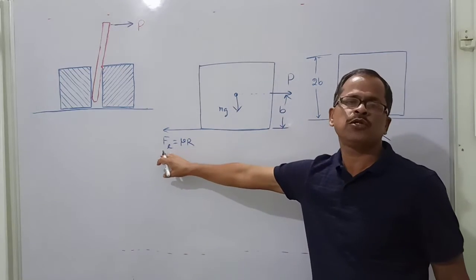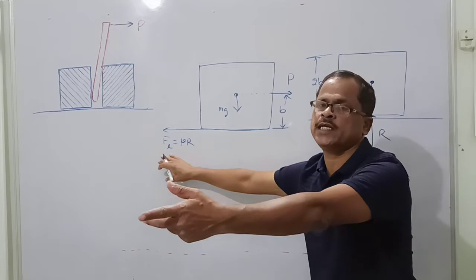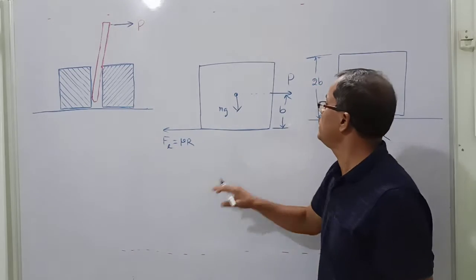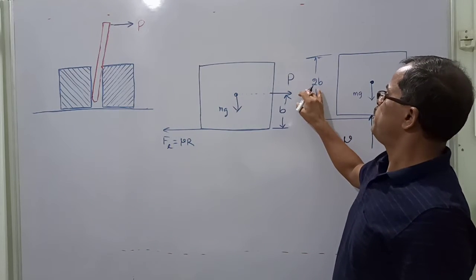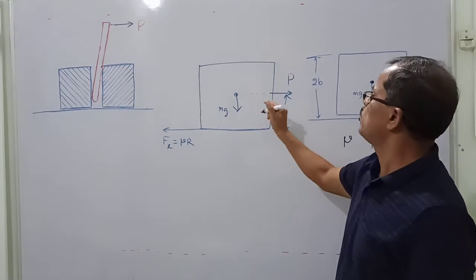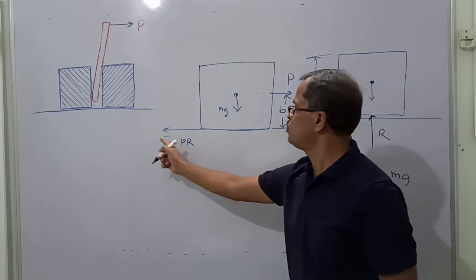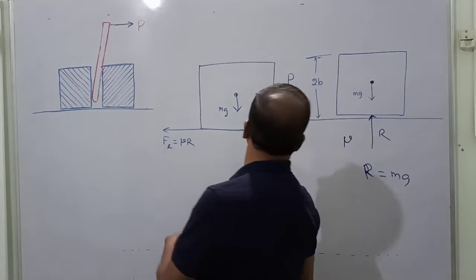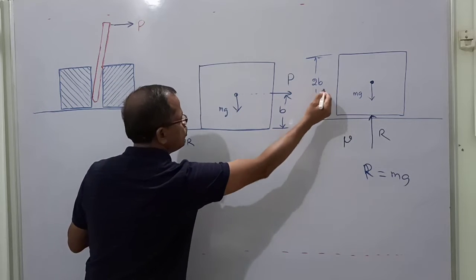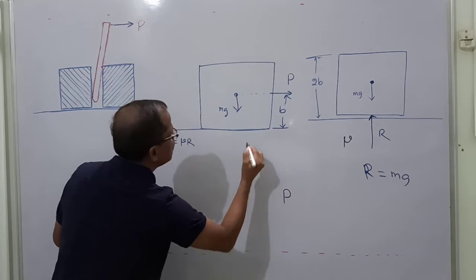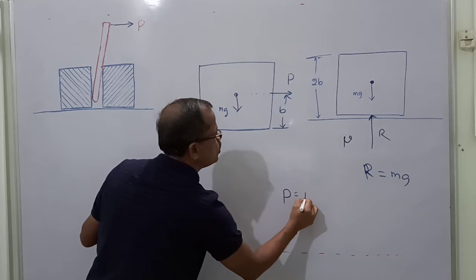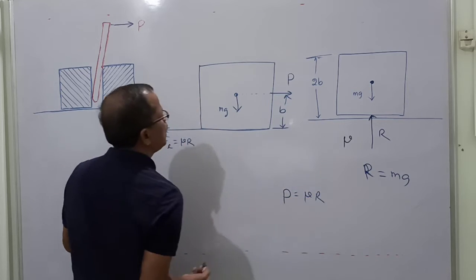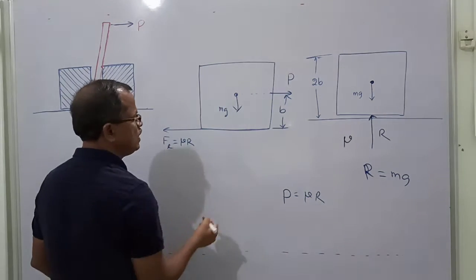Then the limiting friction force acts in the opposite direction. So friction force is to the right, applied force to the left. In limiting equilibrium, the right hand side force is equal to the left hand side force. So now I am writing the equation. Right hand side force is mu R, left hand side force is P, and the weight acting is mg.